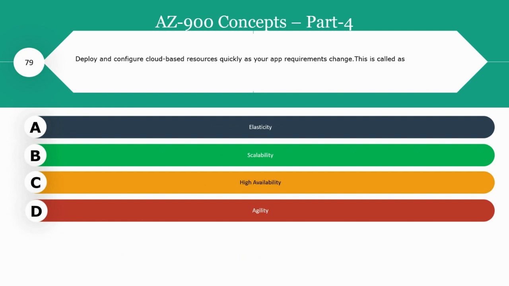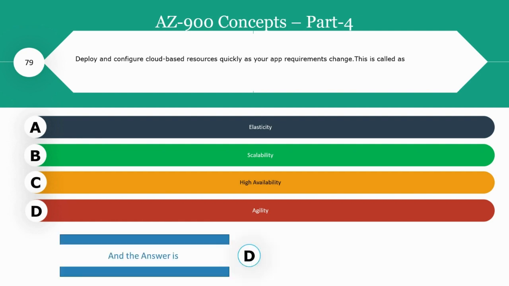You need to be careful in watching the two words, requirements change, and then you need to respond quickly. So it's a kind of agility nature. And so the right answer would be D. Cloud agility is the ability to quickly develop, test, and launch the application in the cloud-based environment.